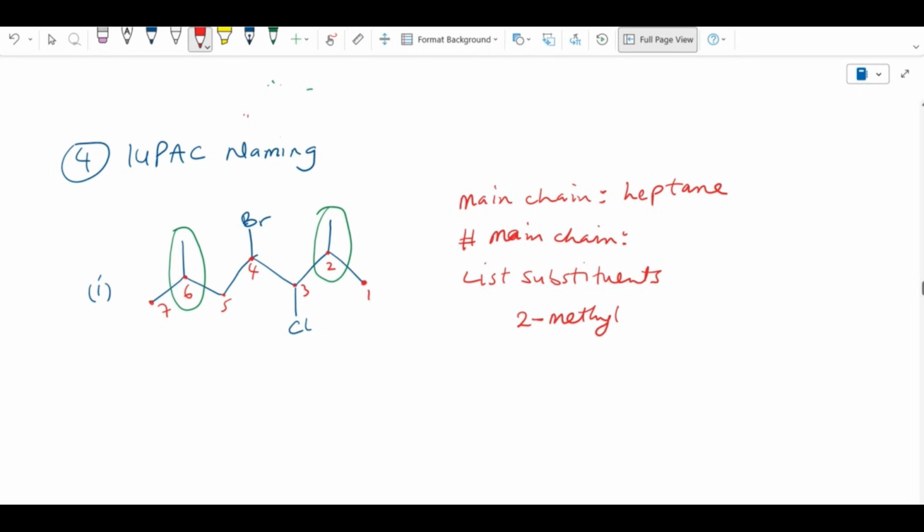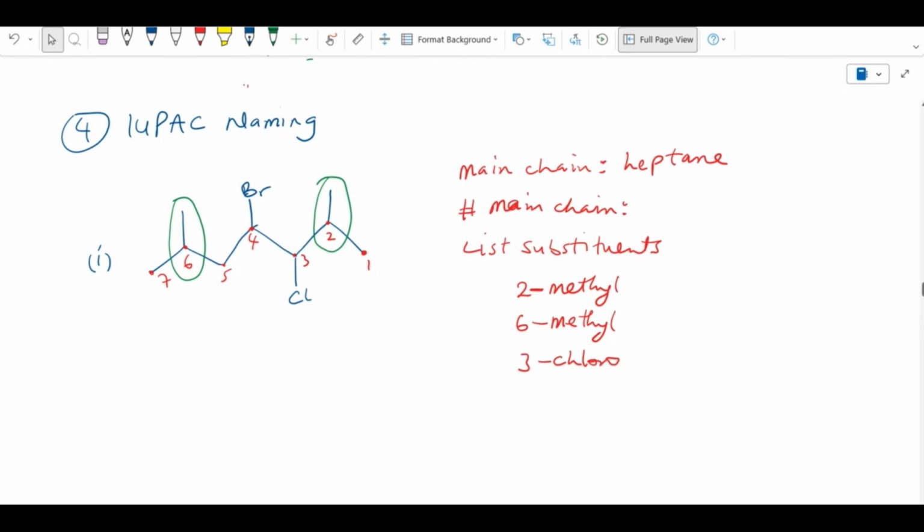Between number and letter, you use a dash. We also have 6-methyl. Then we have chlorine on carbon 3, so we have 3-chloro. And we have bromine on carbon 4, which gives us 4-bromo.